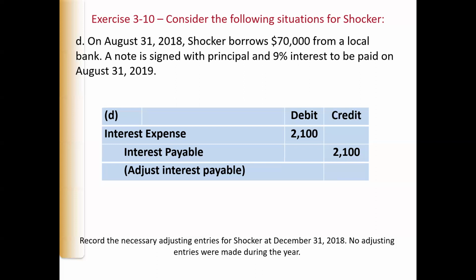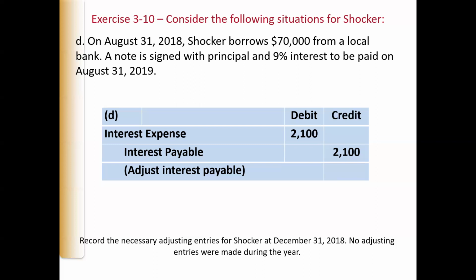Anyone have a calculator? It's 525. Thank you. So 525 is the amount of interest expense that accrues each month.